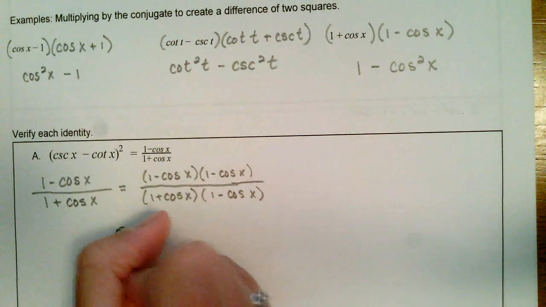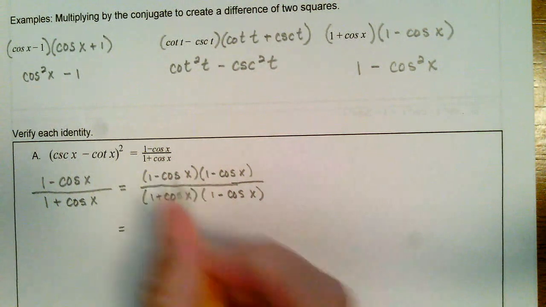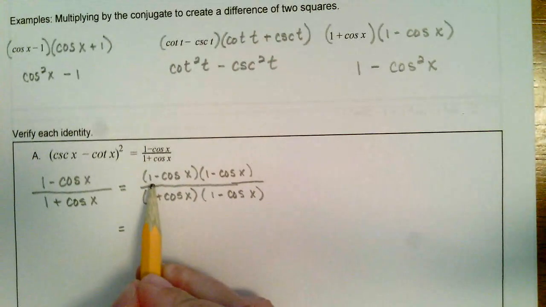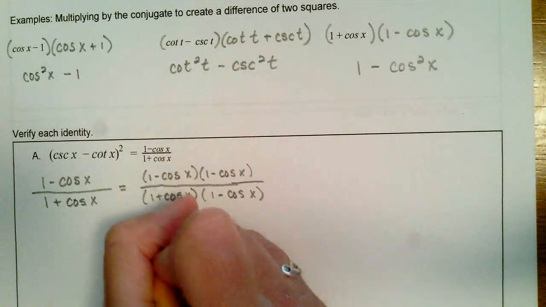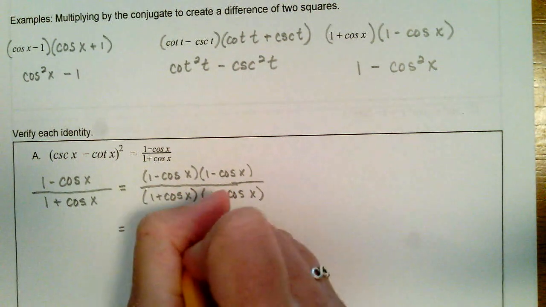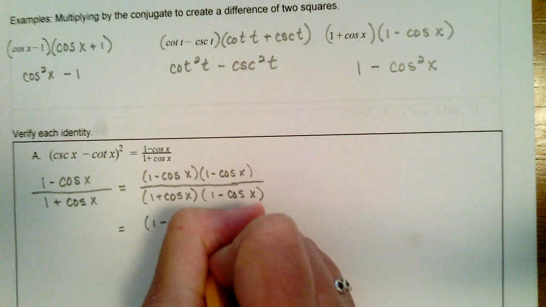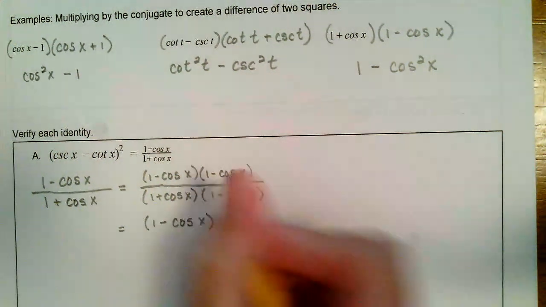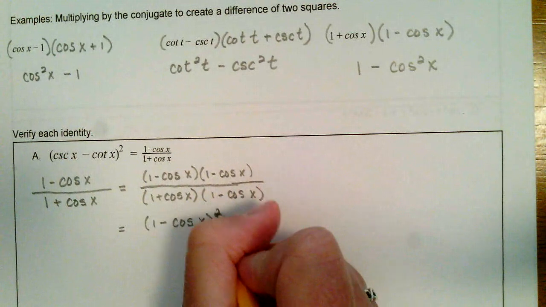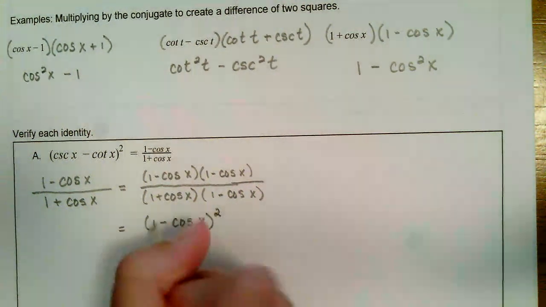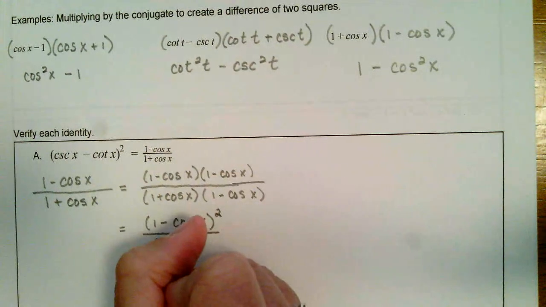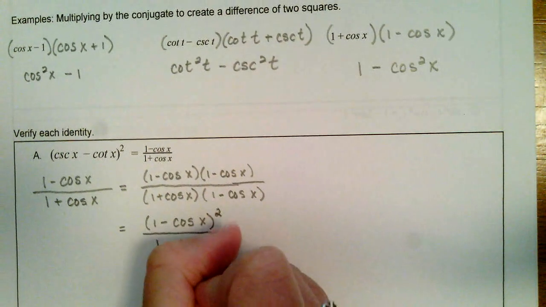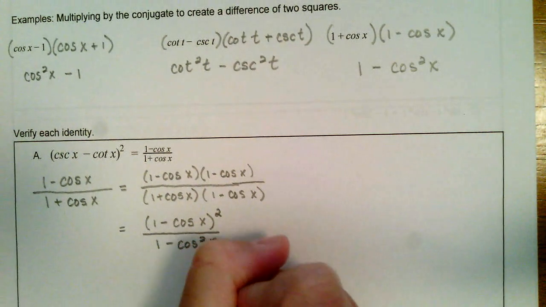Okay, so then this is going to simplify to this. I don't think it's ever good to multiply out unless you absolutely have to. You have no other options. So I am going to write this in condensed form, 1 minus cosine x. I have that factor twice, so that's going to become that squared. And then on the bottom, I can see that this becomes 1 minus cosine squared of x.